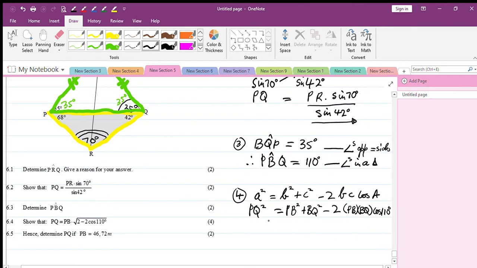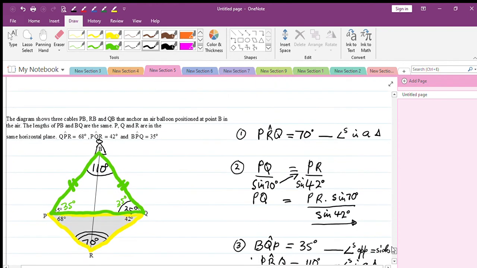Okay, but if you look carefully at our equation that we're supposed to prove, it doesn't have PQ. The PQ we don't have in this equation. So whatever we have for PQ, we need to replace it with PB. Why can we replace PQ with PB?